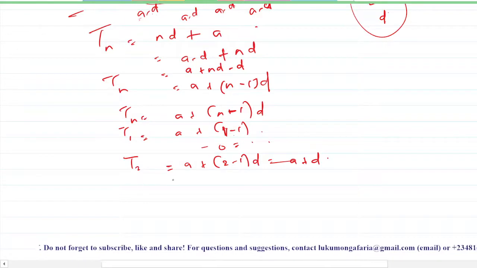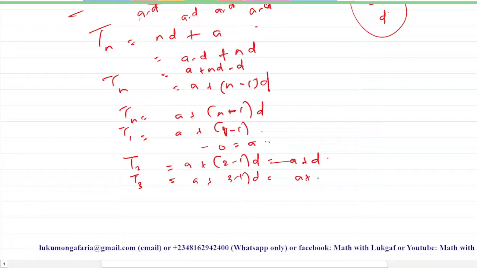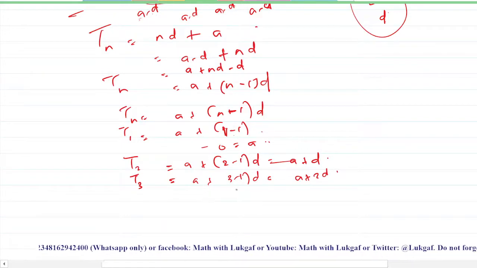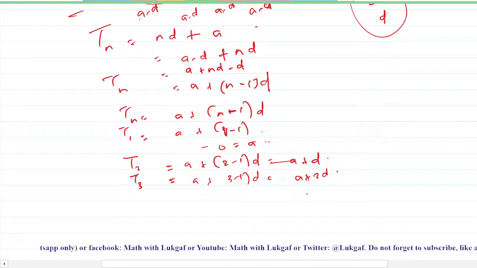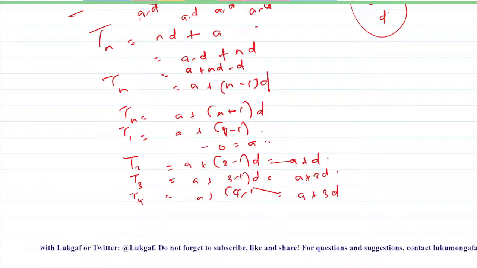Then you can find your third term: A plus 3 minus 1 into D, that will give you A plus 2D. You can find your fourth term: A plus 4 minus 1 into D, that will give you A plus 3D.